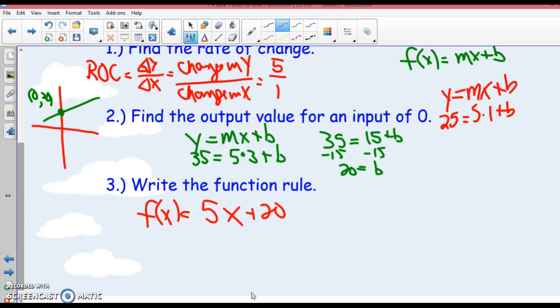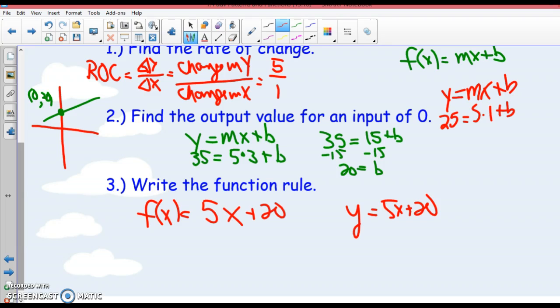Yay! Now, that is function rule in function notation. Who can give me another version of that same equation? Ian. Yes, Ian. Y equals 5x plus 20. Yay! Does everybody see that? Yes.